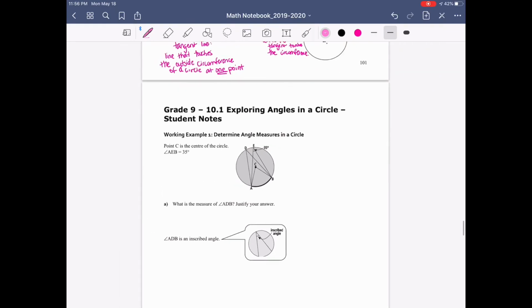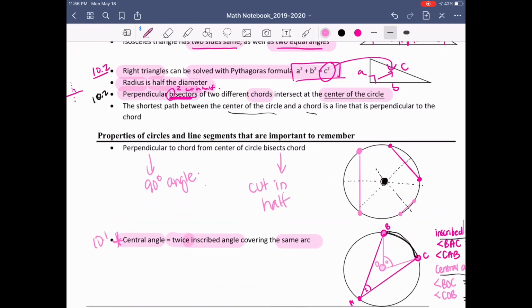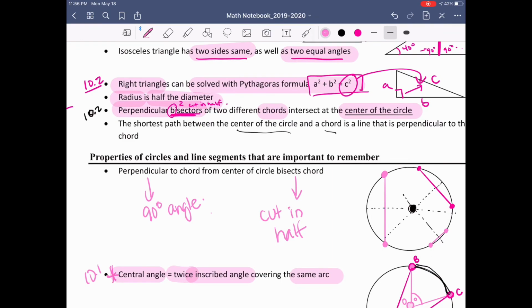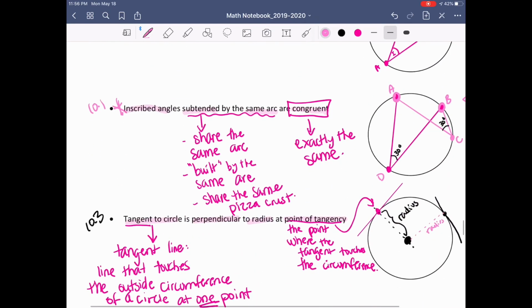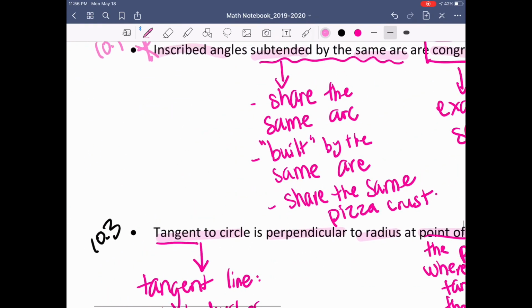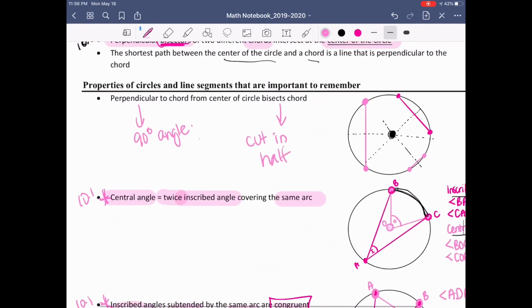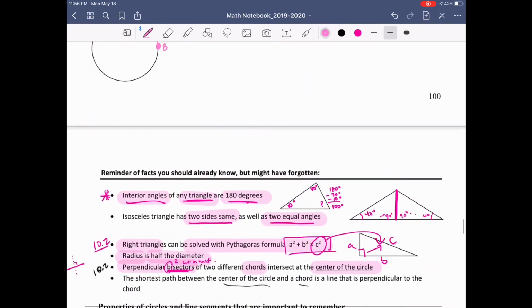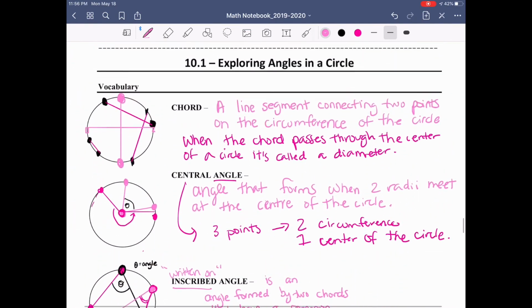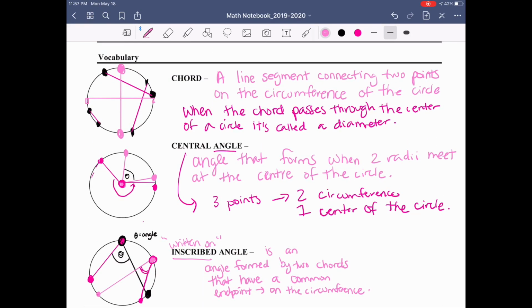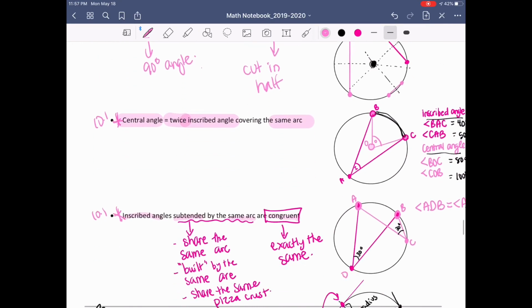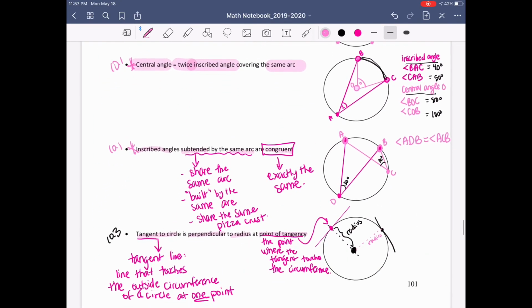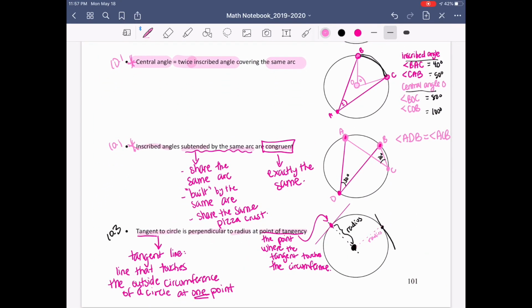In 10.2, you're going to focus on perpendicular lines or perpendicular bisectors. And in 10.3, you're going to focus on tangents. This was just a brief introduction. It's a lot of new information. The most important thing you get from this topic is the vocabulary, and start thinking about these rules, because they are going to be really important in the coming sections.